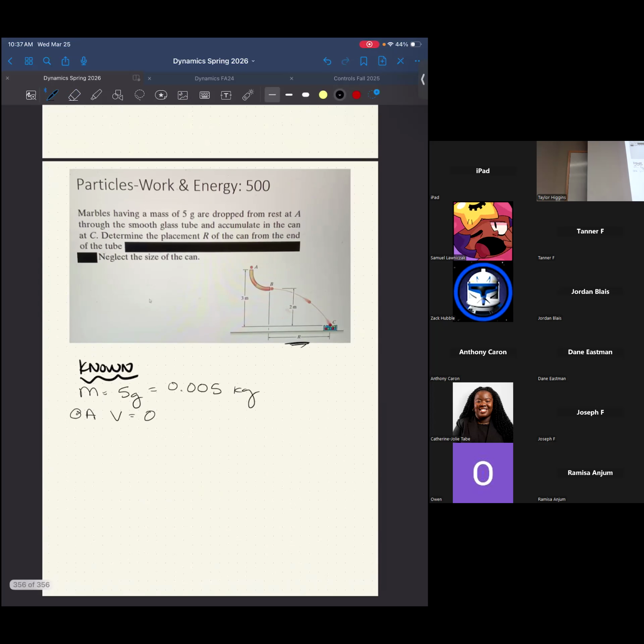We're assuming R is just the landing point at the exit point, because it doesn't account for the size of the can? Yep, it's just the landing location. Precisely.